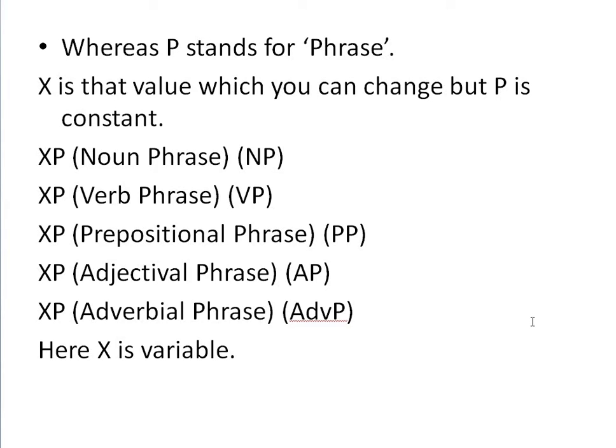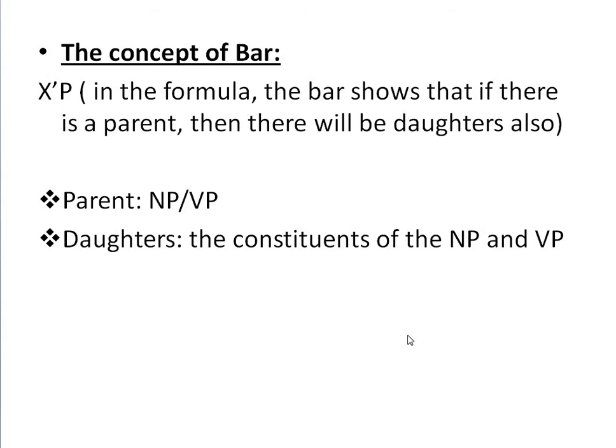Now we are going to study the concept of bar, what the bar is. We are done with XP, what XP actually is. Now what is X bar P? To be noted here is that the bar is on X, not on P. In the formula, the bar shows that if there is a parent, then there will be daughters also.